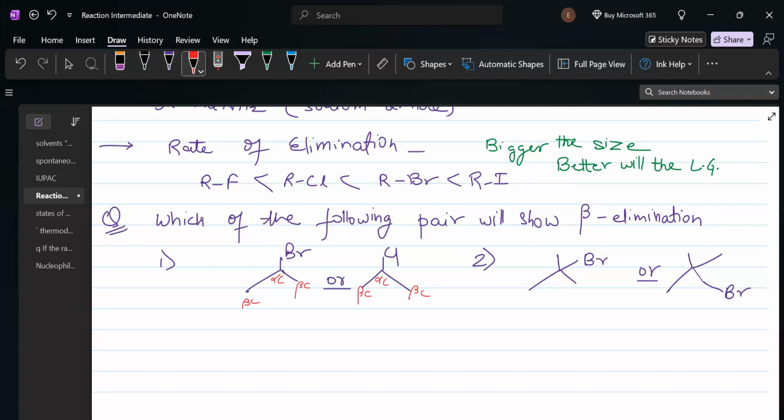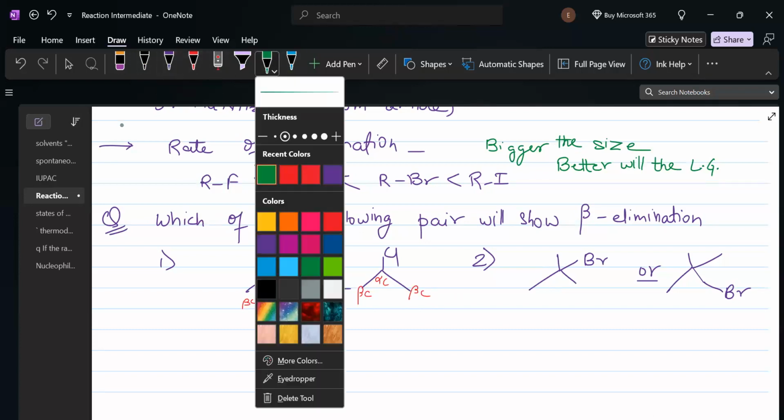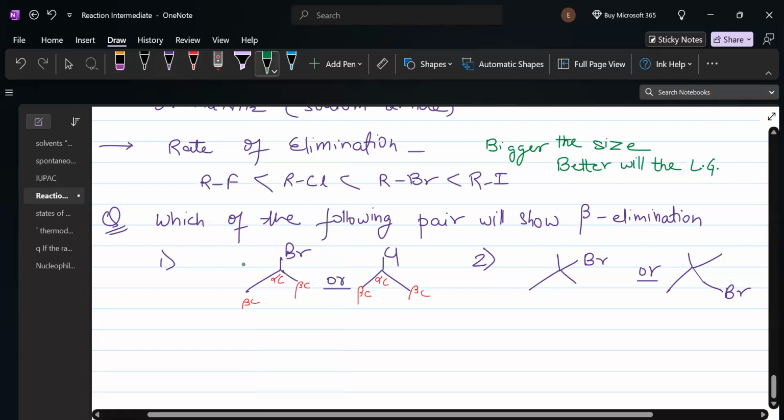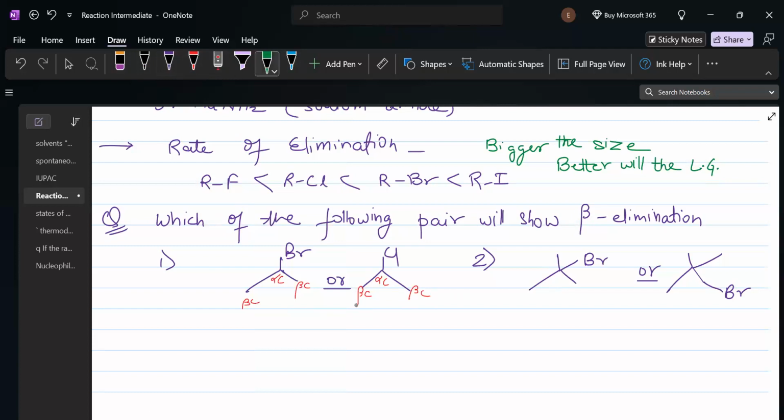Now tell me, according to you, which one will show beta elimination in the first question? The one with bromine. What is the condition? The condition is that we should have one alpha carbon, and the beta carbon should have at least one hydrogen.